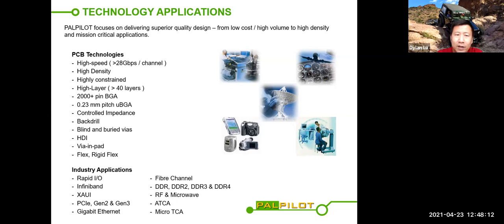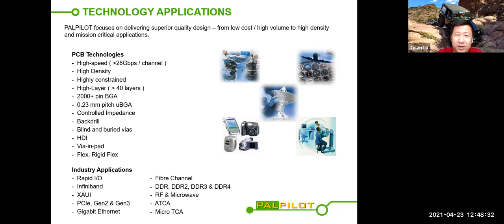High-density board, highly constrained board, high layer count. I have a few actual PCBs that are more than 40 layers, very thick, heavy boards. And when we're not using the conference room, we use that table to play ping pong with those boards. Pretty fun.